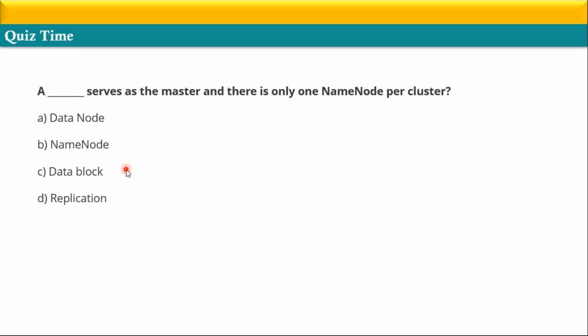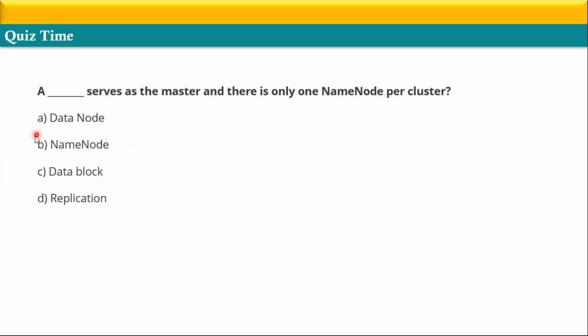Now, the next one: a dash serves as the master, and there is only one name node per cluster. Which one is serving as a master? Name node, B. Yes, name node is the correct answer.